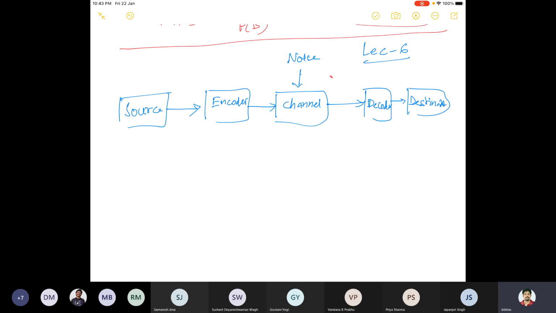In most cases we'll be studying the simplest classes of mathematical models of different kinds of sources and different kinds of channels.